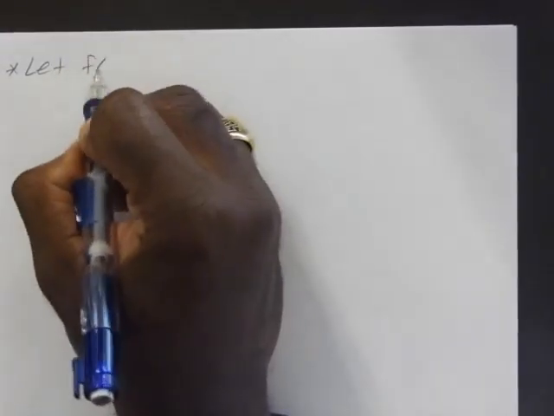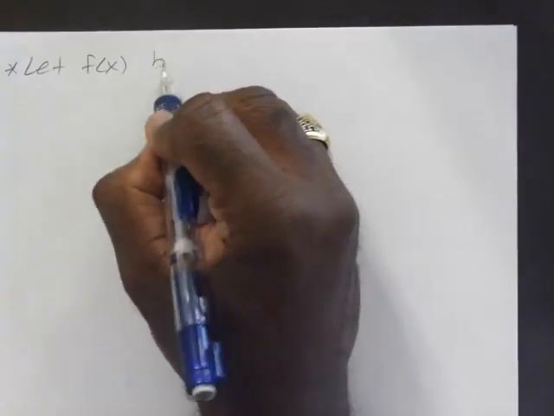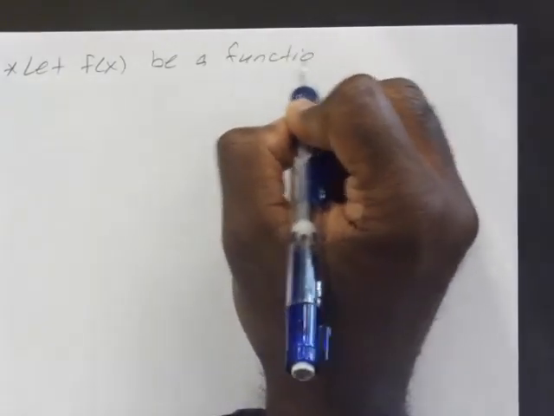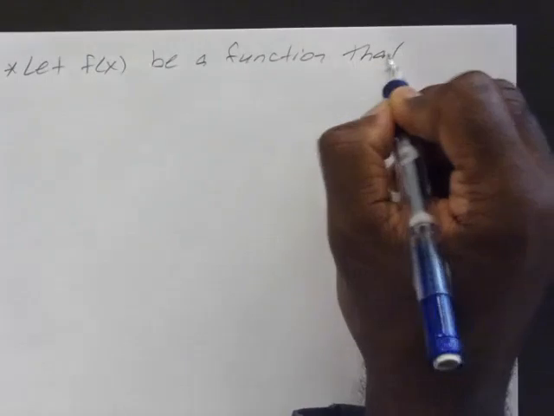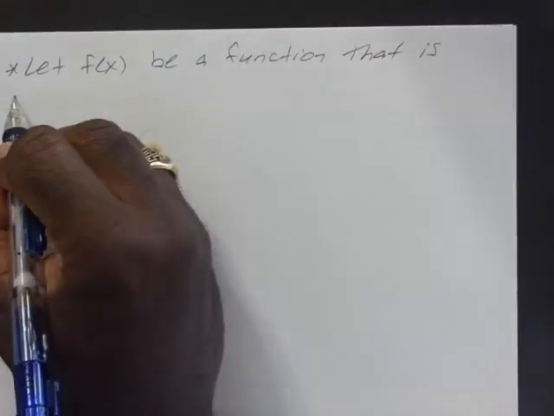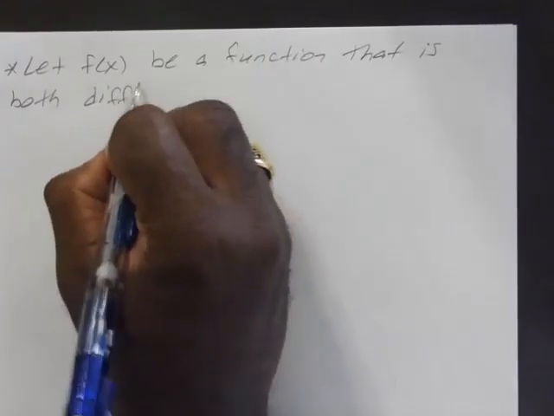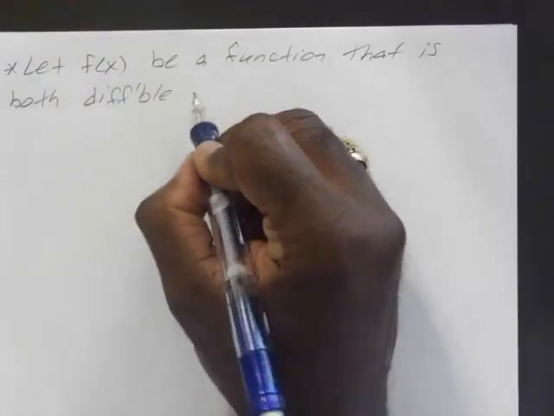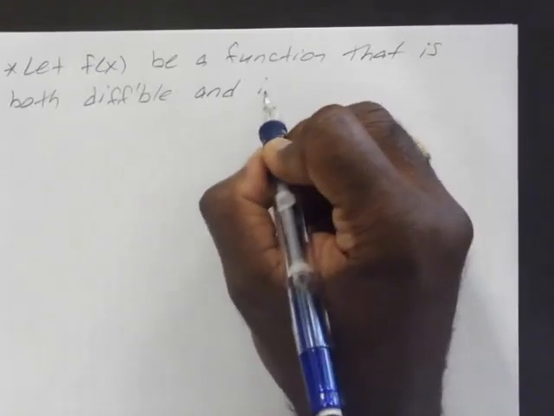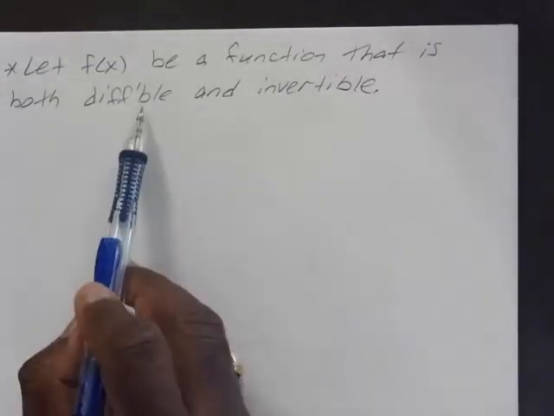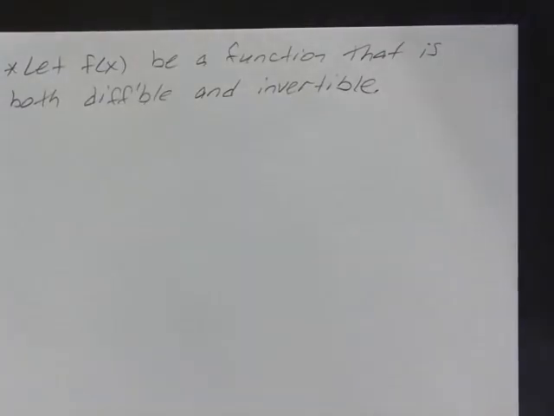So what if we let f of x be a function that is both differentiable and invertible, which means the derivative exists and the inverse exists.